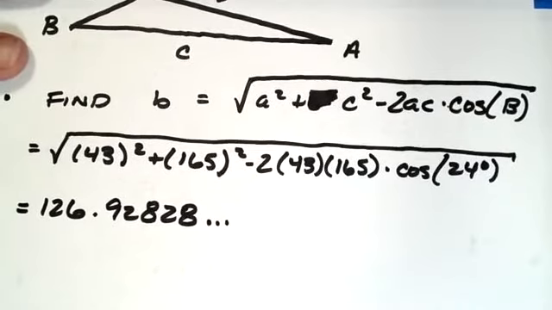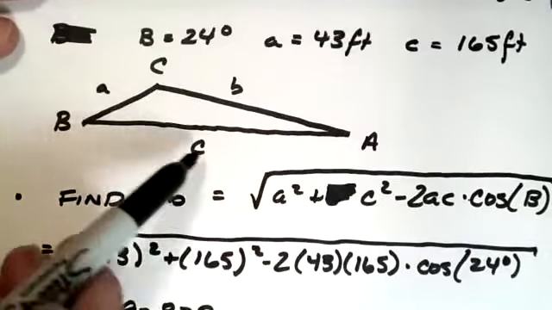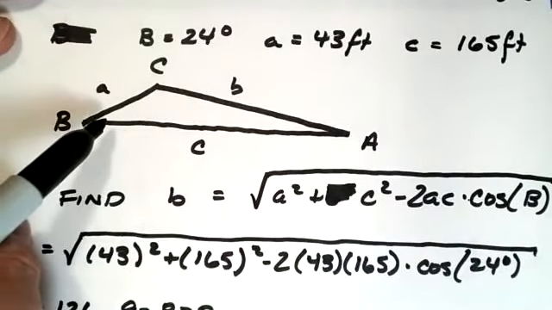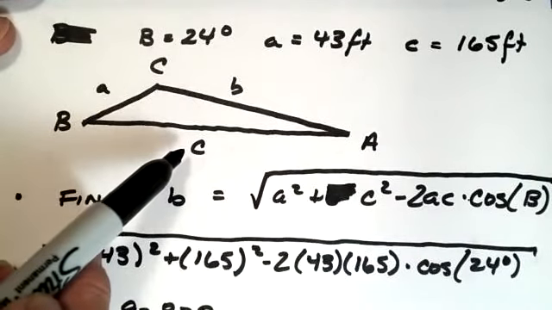But I just want to point out that at this point, I now have angle B, side A, and side C.